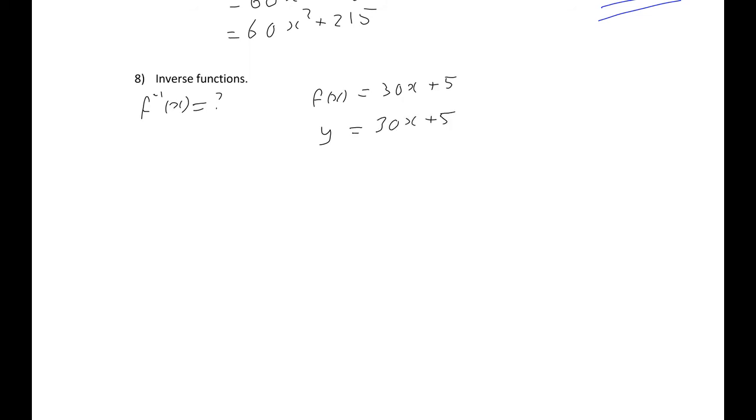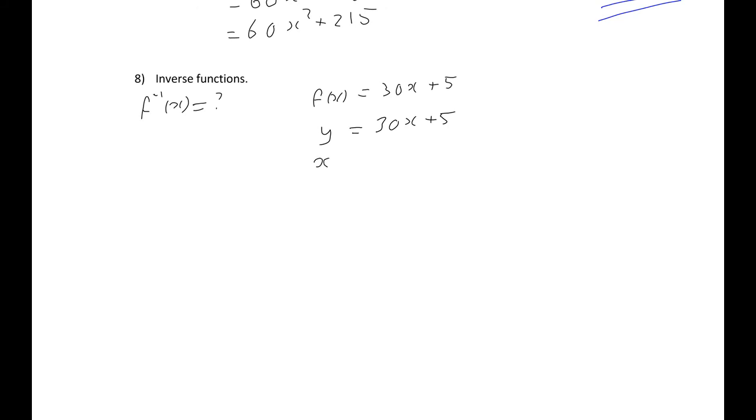Now the next thing we're going to do is we're going to swap x and y around. Now this may seem a bit weird, but bear with me on this. So we are trying to change the input values to be the output values, the values that come out. Now normally y is the value that comes out and x is the value that goes in. So when you swap it, they'll be swapped around. So just change all the x's for y's.